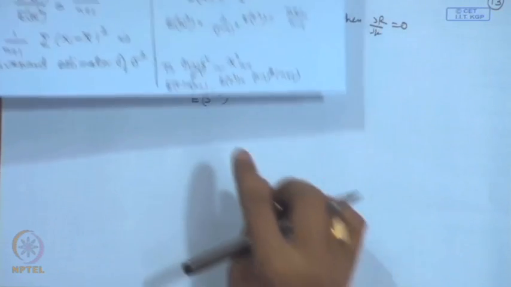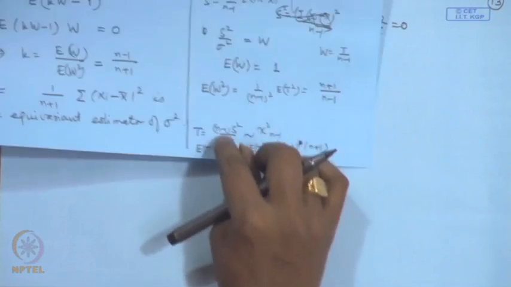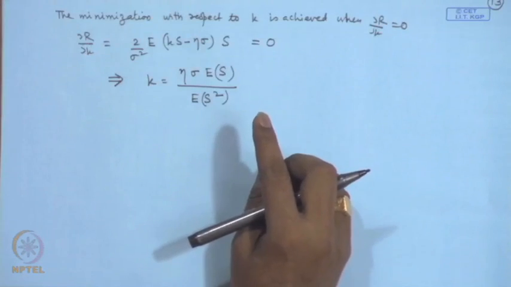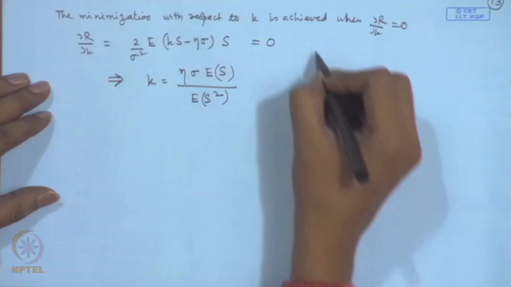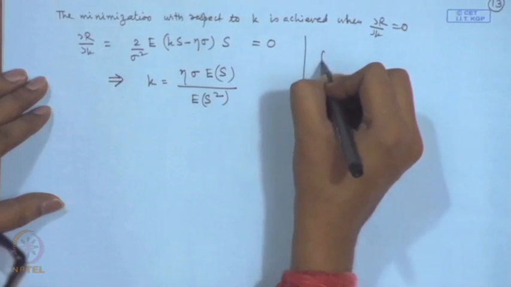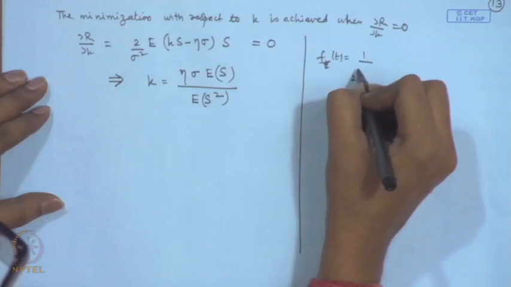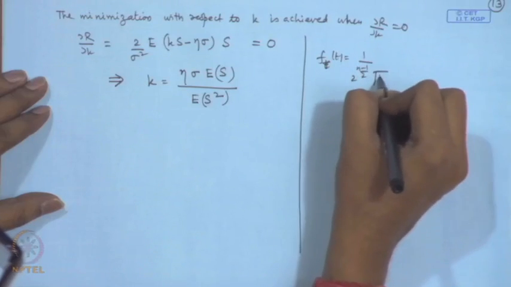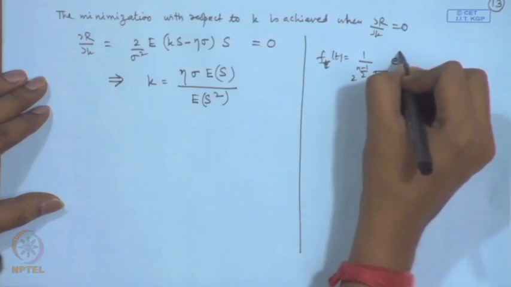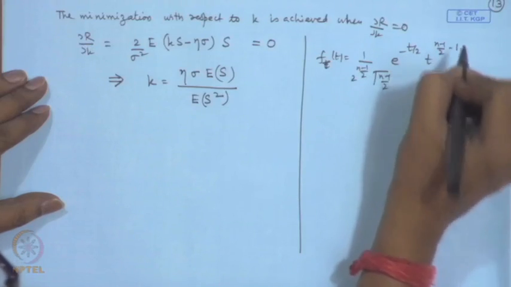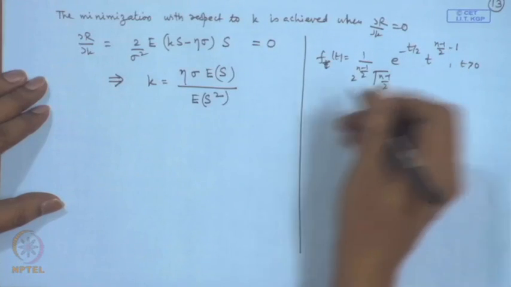Now, expectation of s is coming in terms of t to the power half. So, let us calculate expectation of t to the power half. We have the density function of t as 1 by 2 to the power (n minus 1) by 2, gamma (n minus 1) by 2, e to the power minus t by 2, t to the power (n minus 1) by 2 minus 1, where t is positive.